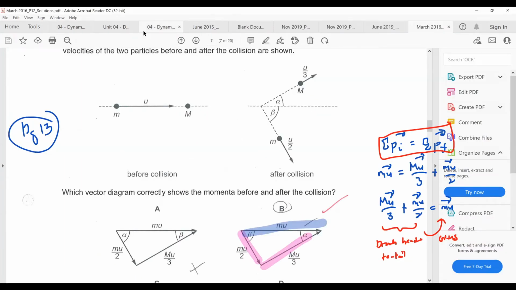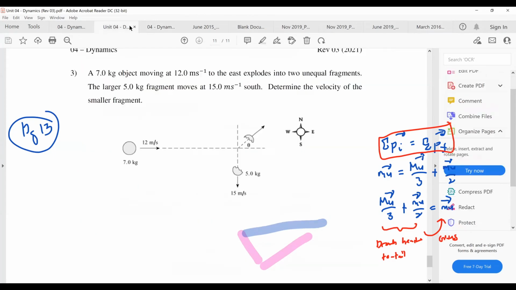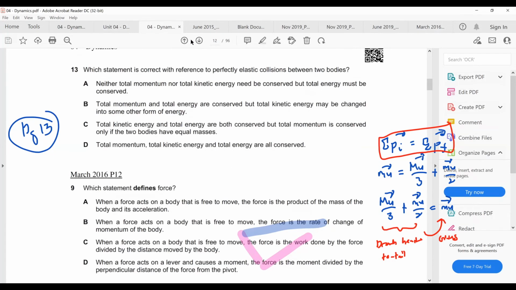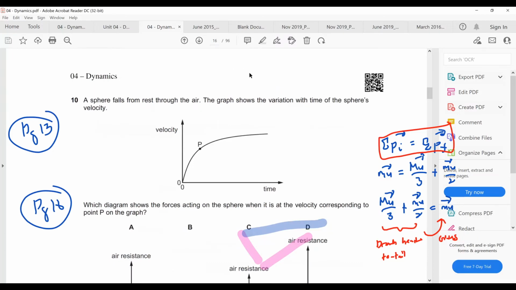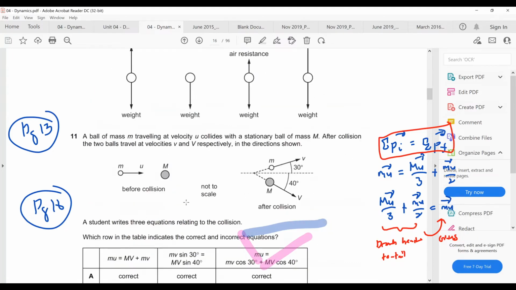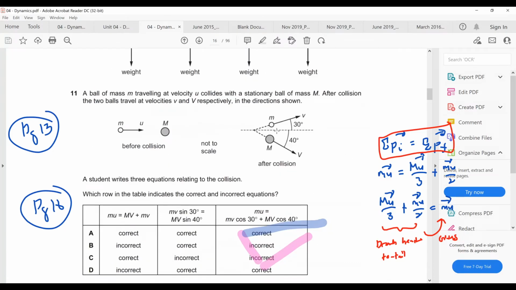Now let's look at page 16. Page 16 will be 3 pages away. Okay, now let's have a look at this one.